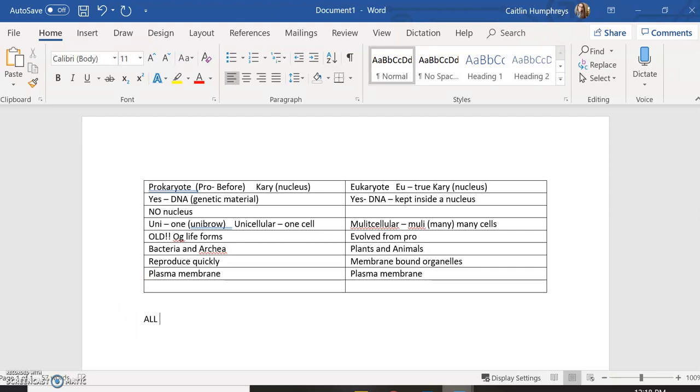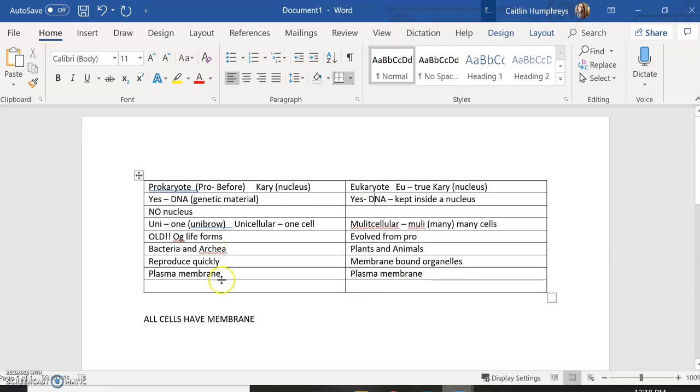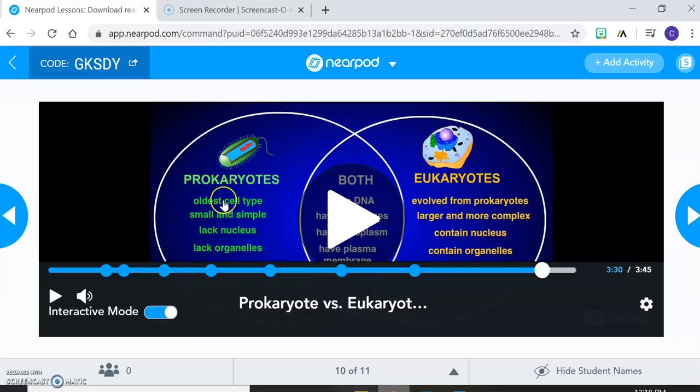All cells have a membrane. Now, the difference is that the organelles in eukaryotes are membrane bound, whereas these are free floating. And they both have cytoplasm, which is the jello inside that holds the cell's contents, so they're not just sitting in there. It's got a jello to hold it.